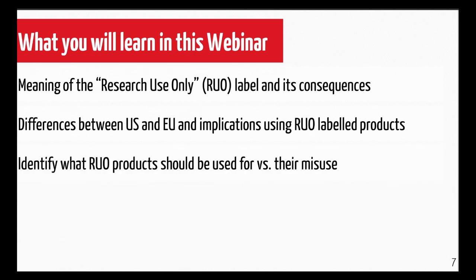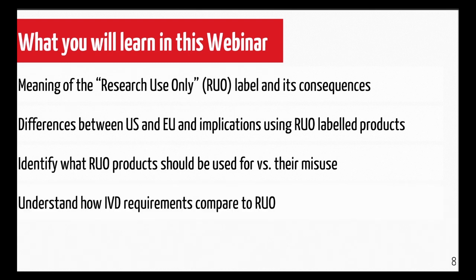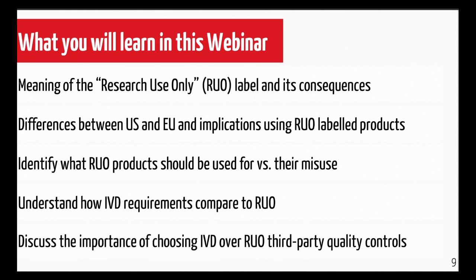We will identify what RUO products should be used for versus their potential misuse. You will understand how IVD requirements compare to research use only requirements. And we will discuss the importance of choosing IVD products over research use only third-party quality controls.